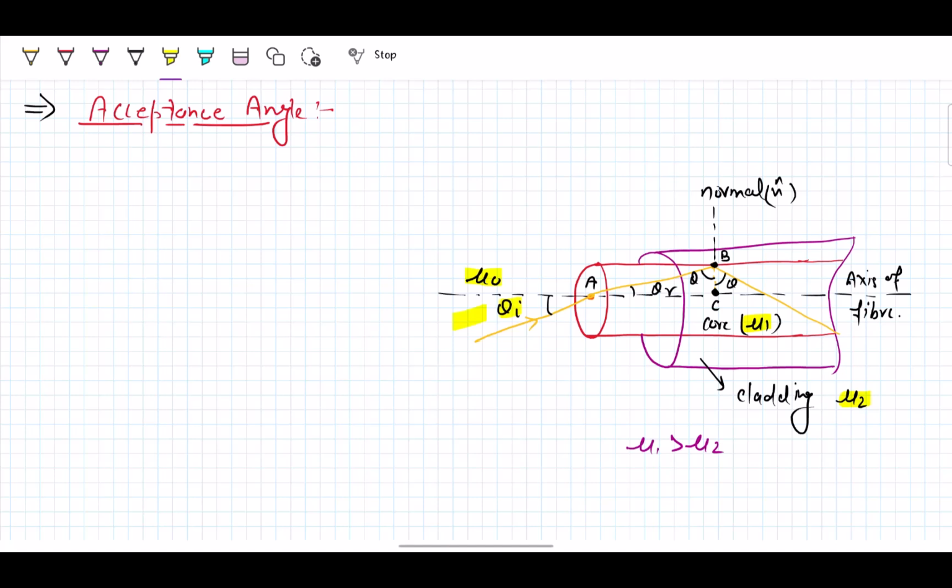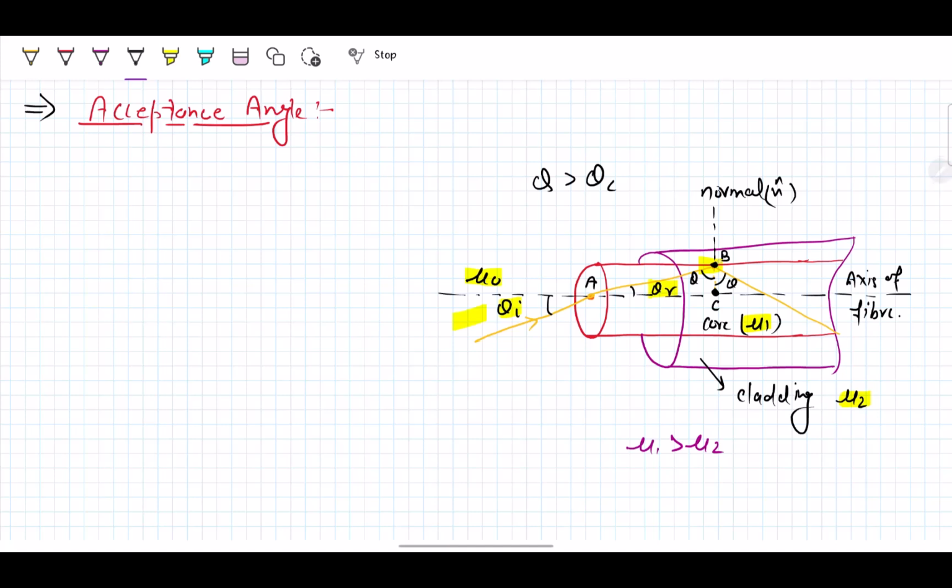The wave gets refracted at an angle theta r and strikes the core-cladding interface at point B with an angle theta. If theta is greater than the critical angle, that is theta c, the wave undergoes total internal reflection at the interface.